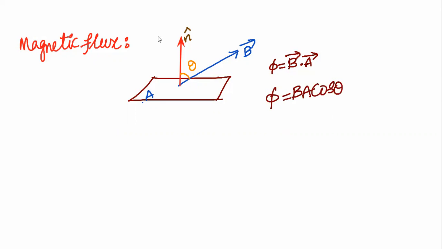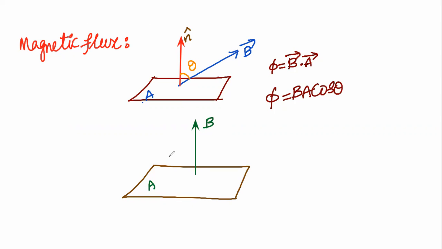Instead of this, if the surface is like this, and the magnetic field is perpendicular to the area, the normal is also drawn in the same direction.